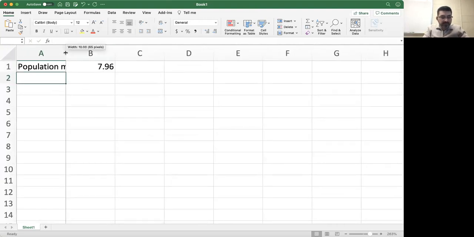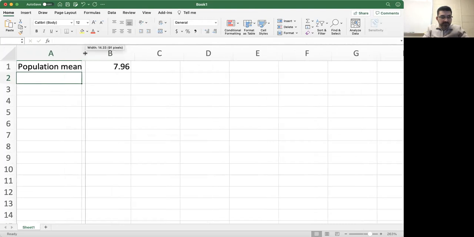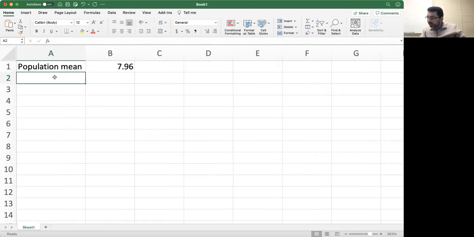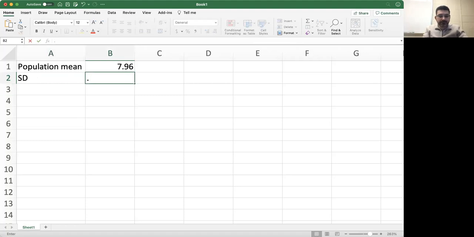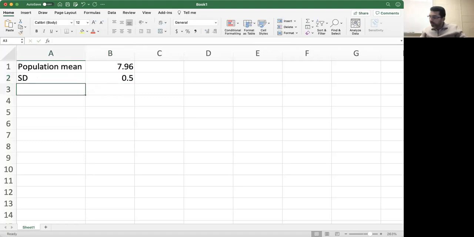Also we have the standard deviation, it's equal to 0.5. And we have a sample size of 30, so say n is 30.